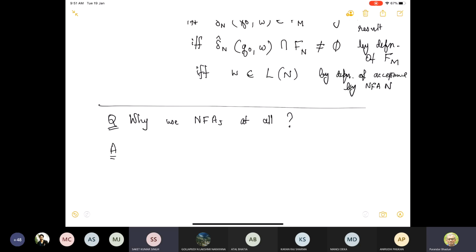Easy to draw. Yes, in the sense that often the NFA is much smaller. Even exponentially smaller.